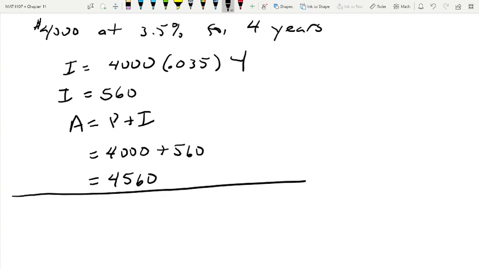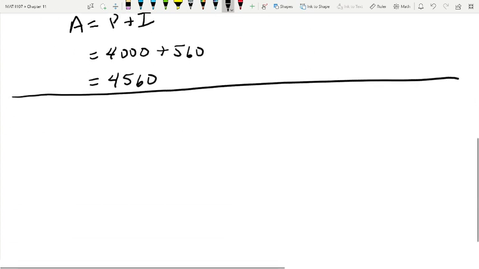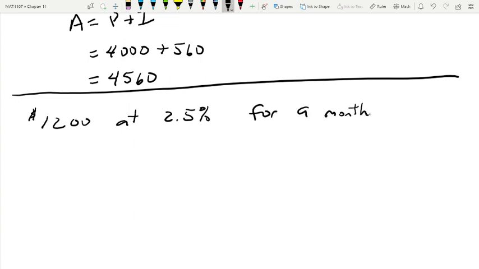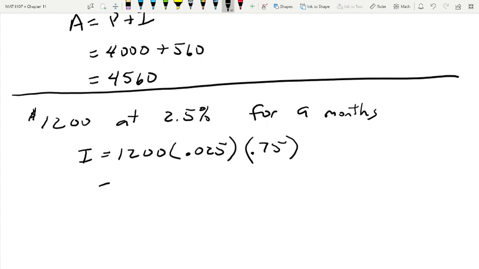Well, let's look at another one. So this time I have $1,200 at 2.5% for 9 months. So I is going to be 1,200, 2.5%, which is 0.025. 9 months is going to be 0.75, so 3/4 of a year.